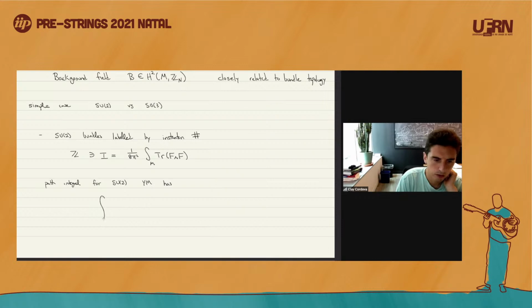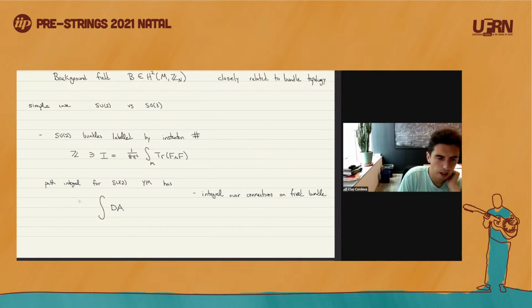The first part is an integral dA over all the gauge fields, so this is an integral over connections, of course modulo gauge, on a fixed bundle.